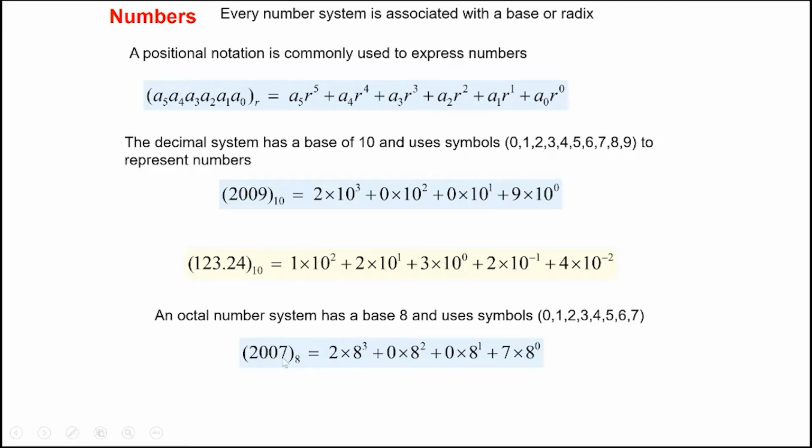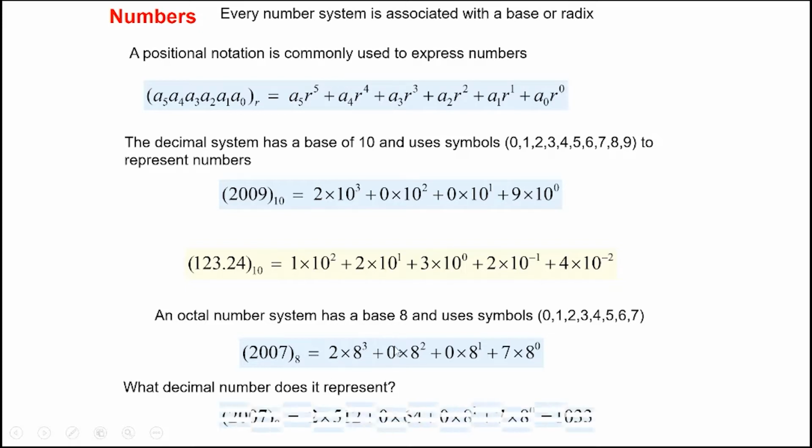The second one is 0, so 8 to the power 1, and then 8 to the power 2. And then 2 is 8 to the power 3 here. So what decimal number does it represent? Well, you multiply them all together. And 2007 to the base 8 is equal to 1031 to the base 10.